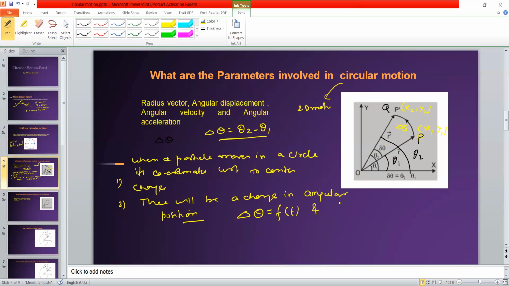Suppose this is ds. So ds is also changing, it is a function of time. The radius vector, or the position vector, OP is nothing but the position vector. So the magnitudes of OP and OP dash are the same, but the direction is changing.